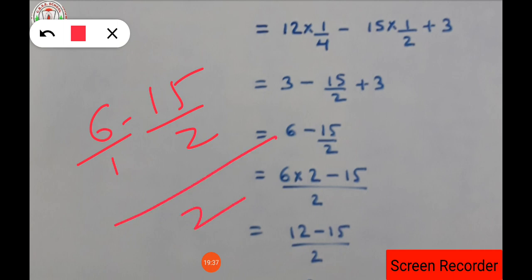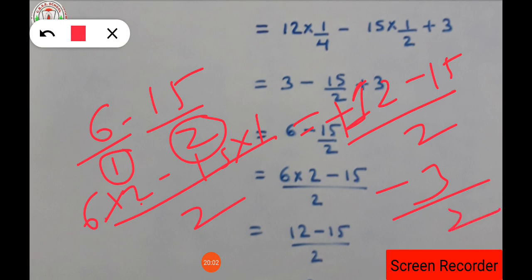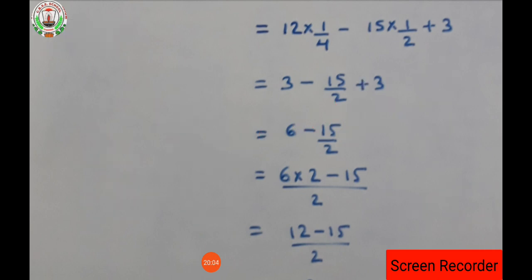Now taking the LCM of 2 and 1, it is 2. So 6 twos are 12 minus 15 ones are 15 upon 2. Now 12 and minus 15 get subtracted. We will get the result as minus 3 by 2.